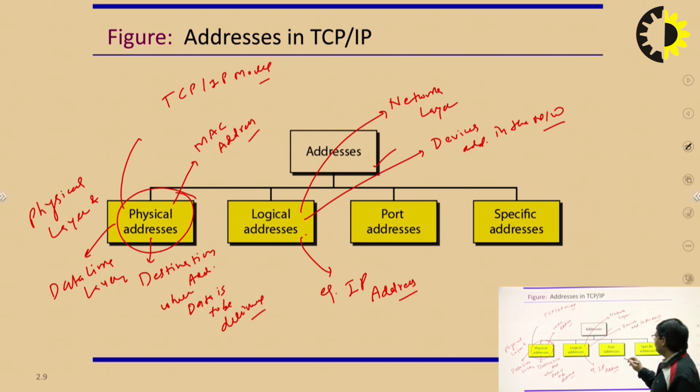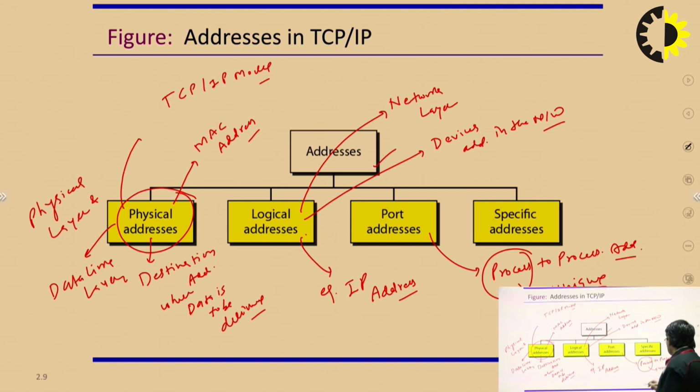Then we have the port address. Port address is the process to process address. This port address is used for uniquely identifying a process in the network.